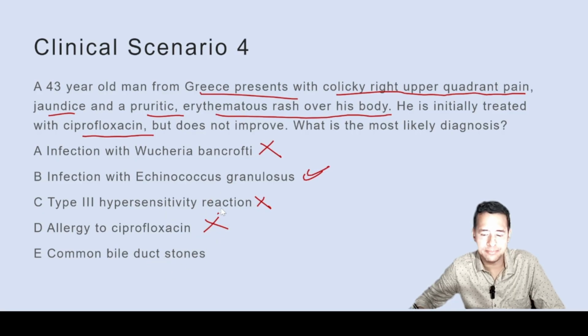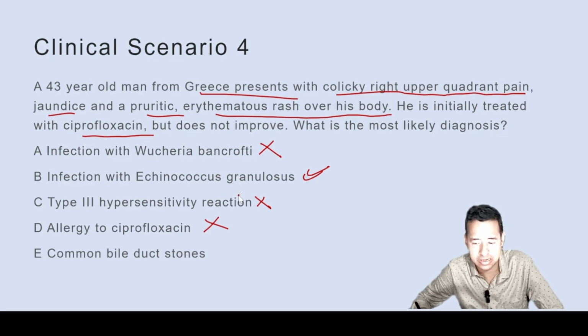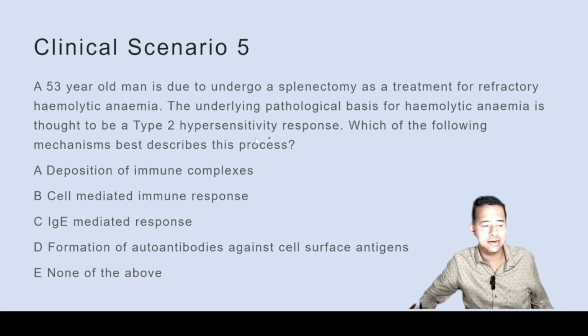And common bile duct stones: this is also not the answer, because it explains only jaundice and pain, but doesn't explain generalized allergic rashes. Ultimately, your answer is infection with Echinococcus granulosus. Okay. So clinical scenario 5.